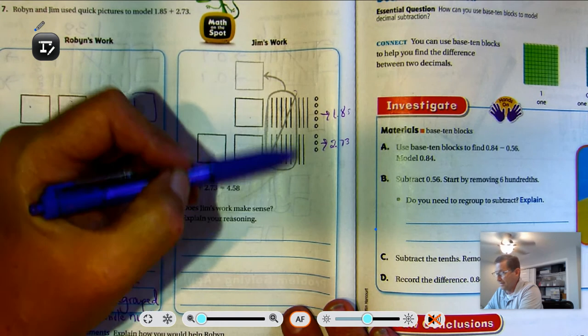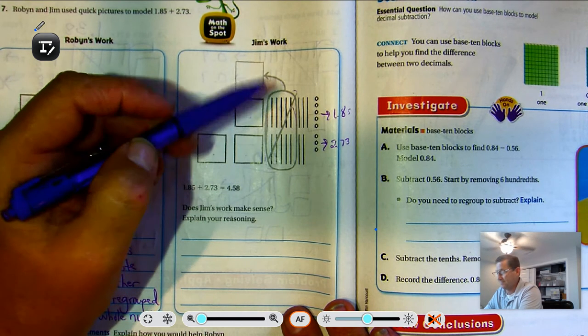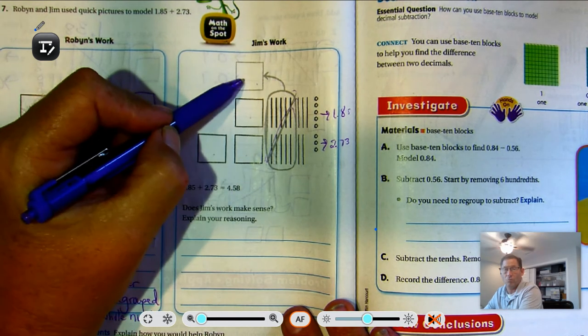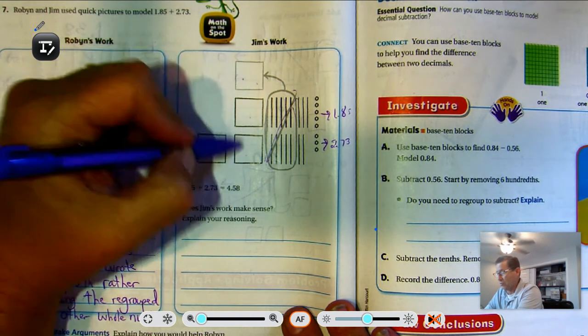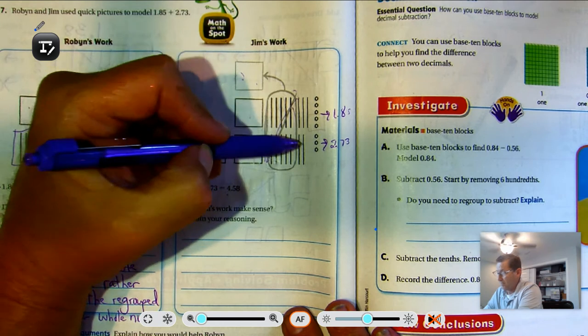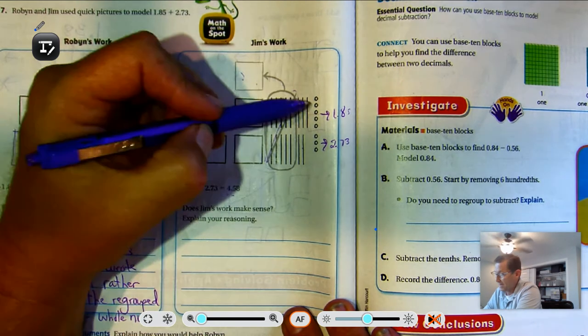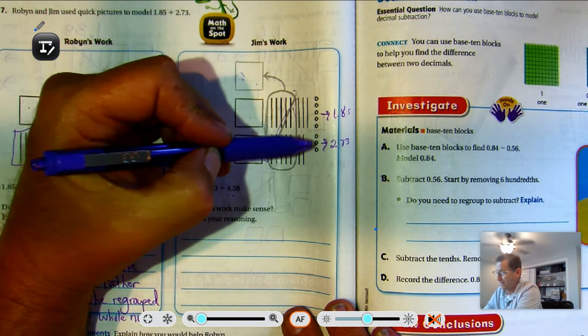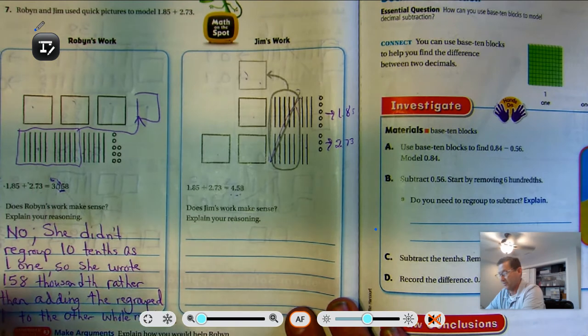Okay, so here I see that Jim took 10 tenths, exchanged it for one whole. He added the ones and got 4. He still has 1, 2, 3, 4, 5 tenths, and he had 1, 2, 3, 4, 5, 6, 7, 8 hundredths. So yes, it makes sense.